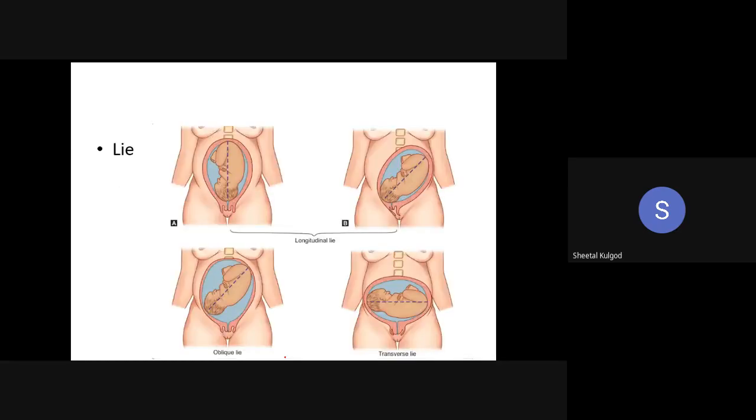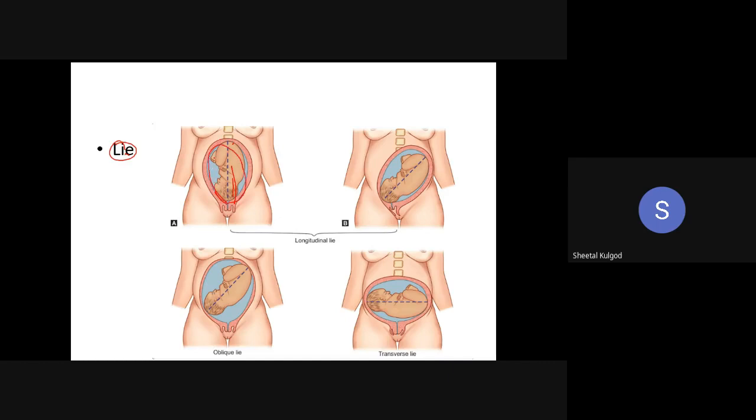The next thing to understand is the lie. All these are basic things, but I would like to repeat and make you all familiar with this. What do you mean by lie? It's the relationship of different parts of the fetus with the maternal pelvis. No, it's not like that. Lie means the relationship between the longitudinal axis of the fetus and the longitudinal axis of the uterus.